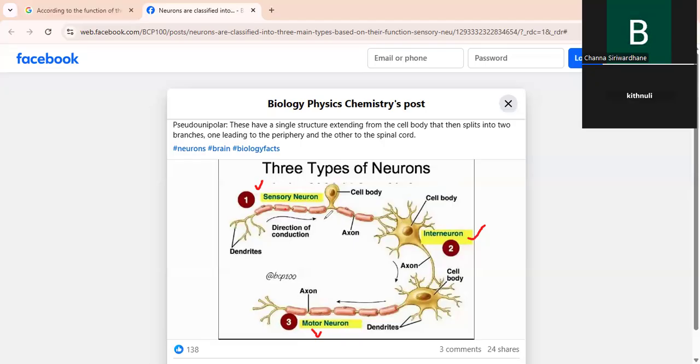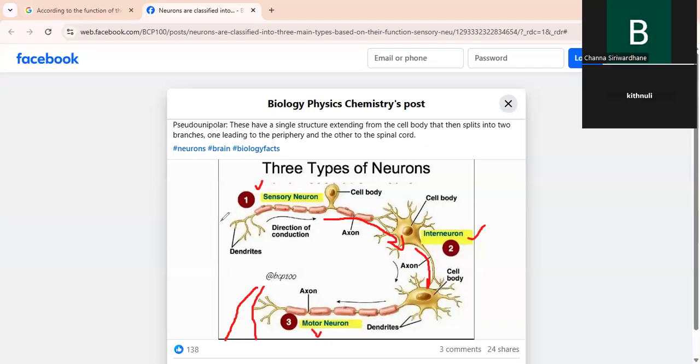So these signals will be passed to the interneuron, and again it will go through this axon and pass to this motor neuron. Motor neuron, from its word, will do a mechanical work like a motor. It will be connected to a muscle-like thing, then it will do the work.